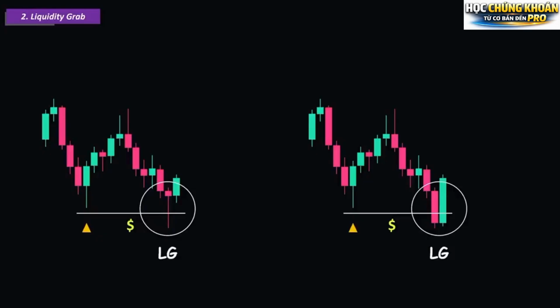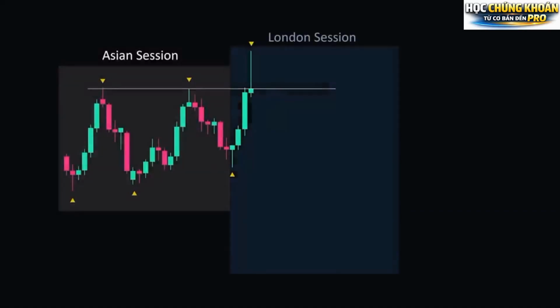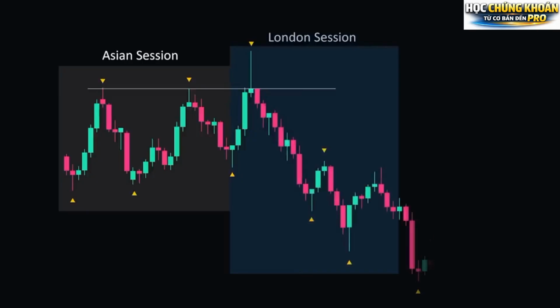This is often a strong signal that the market is likely to move in the opposite direction of the liquidity grab. For example, if price sweeps above the Asian high during the London opening, but then quickly closes back below the level, it shows buyers have been trapped. This gives traders a chance to look for short setups, expecting price to reverse and move lower. The same logic works for a bearish liquidity grab pattern.